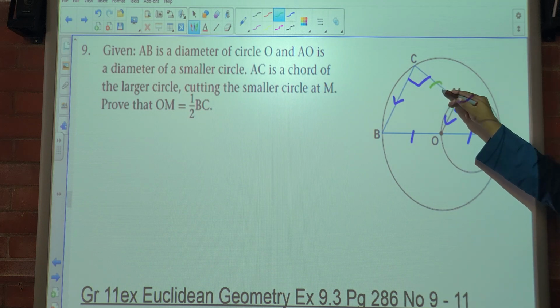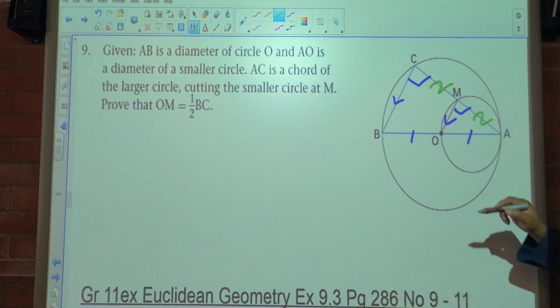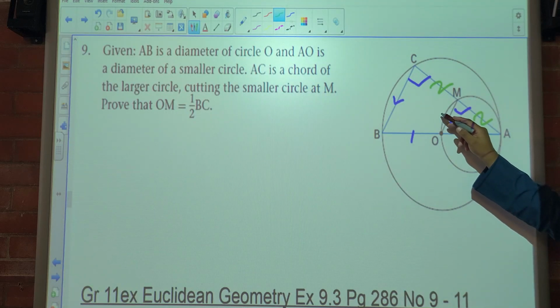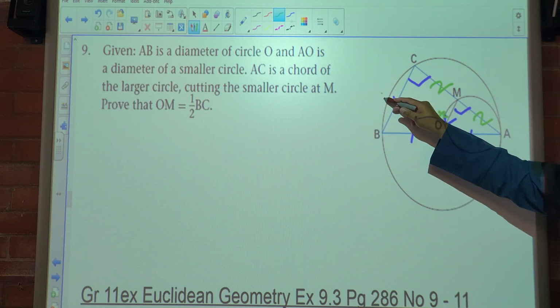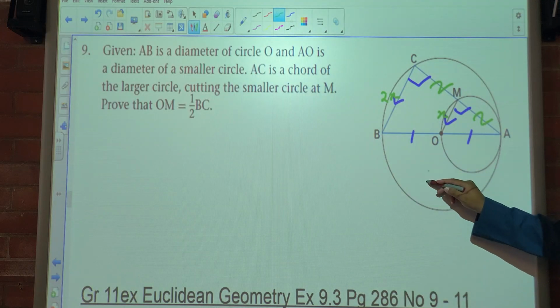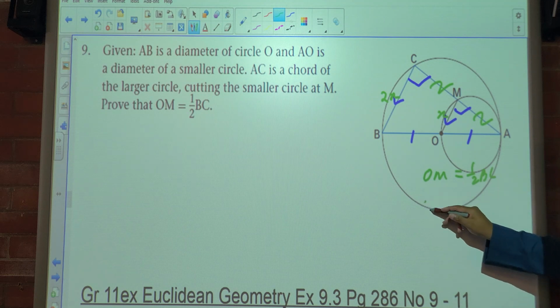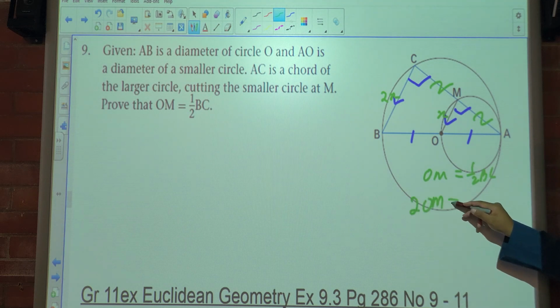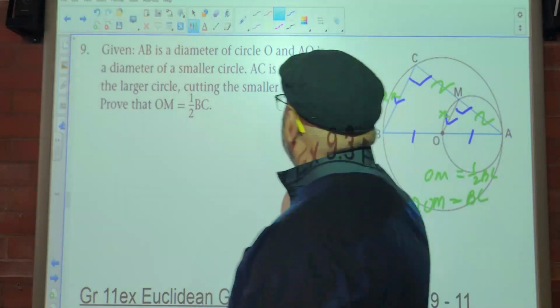With the fact that OB is equal to OA, the converse of the midpoint theorem is going to give us the length of BC. You can say that OM is going to be half BC, or we can say that double OM is going to be BC. Any one of those. Can you see that, people? Right, so let's read on.